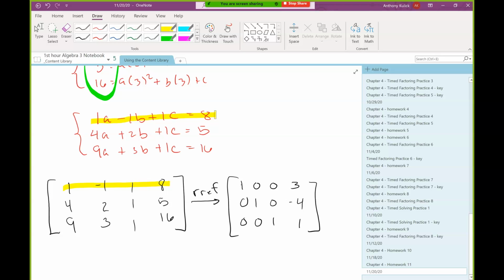But the numbers are still the same numbers in that equation. Do you guys notice that? So if we do the same thing here, this would imply 1a plus 0b plus 0c is equal to 3, which just implies that a is equal to 3.